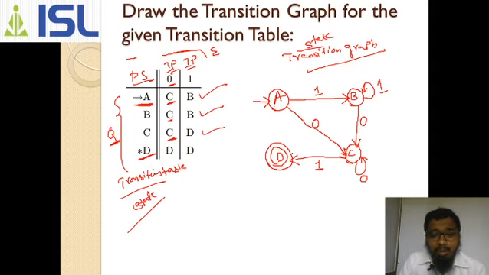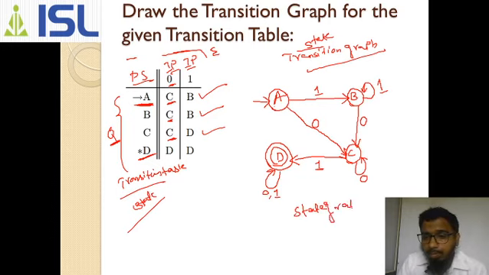Next, D. From D to D it is going with 0, and again D is going to D even though it is 1. So D is going, if it is 0 or 1, to D only. Okay, so this is a state graph. Don't get confused between state graph and transition graph, both are the same.